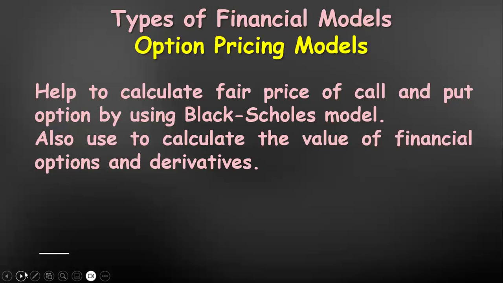Similarly, if market rate increases, the investor can enforce the put option because now they can get a higher rate of return from the market instruments other than the one in which they have invested. It is also used to calculate the value of the financial options and derivatives.